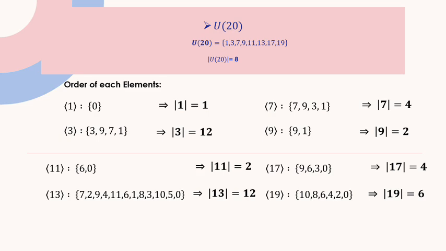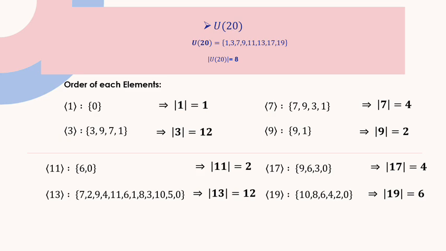For number 13, the elements under number 13 mod 20 are 7, 2, 9, 4, 11, 6, 1, 8, 3, 10, 5, and 0. Therefore, the order of number 13 mod 20 is equal to 12.